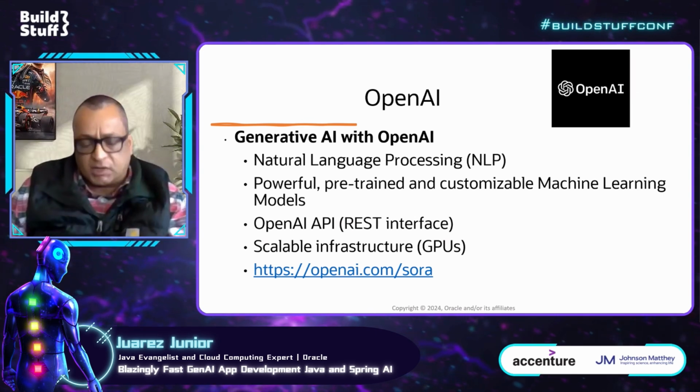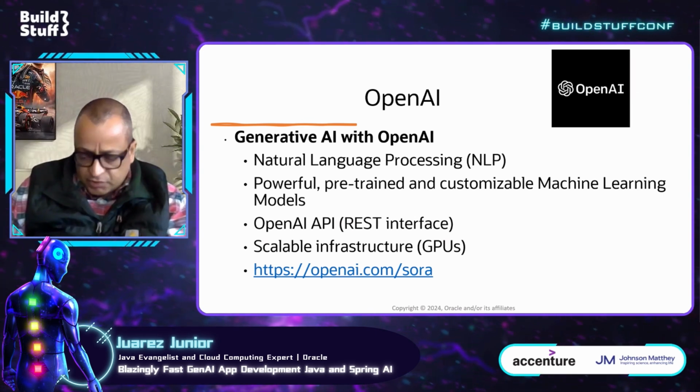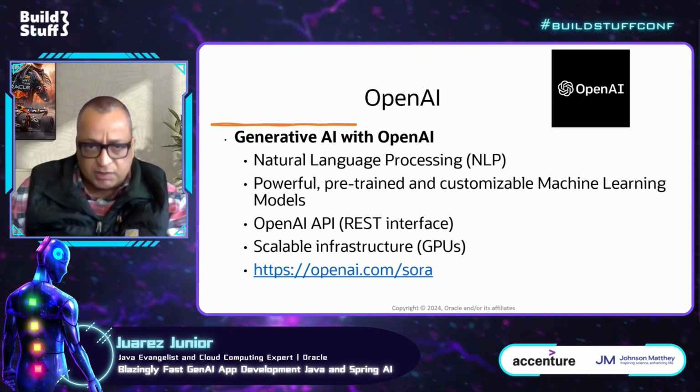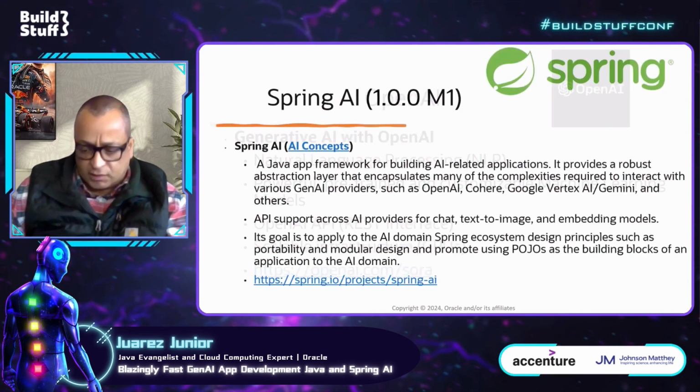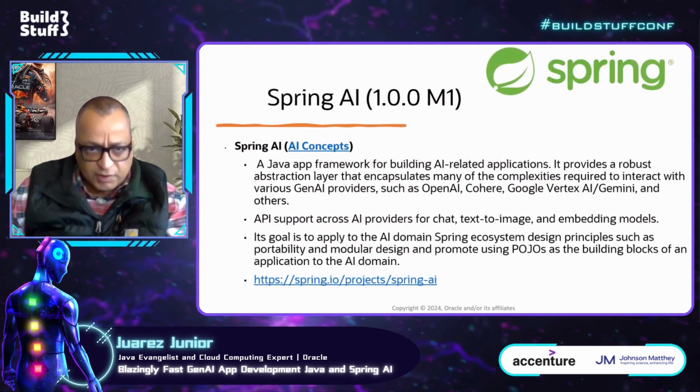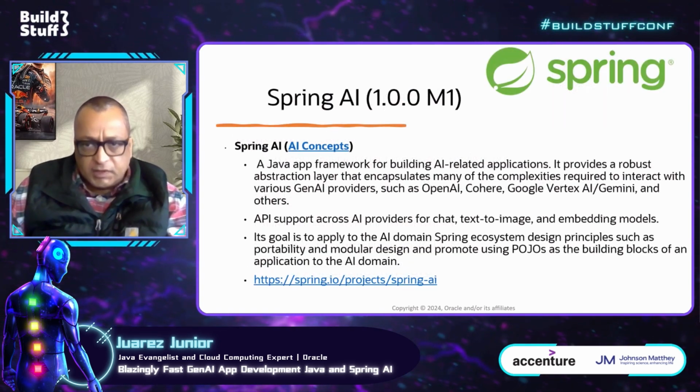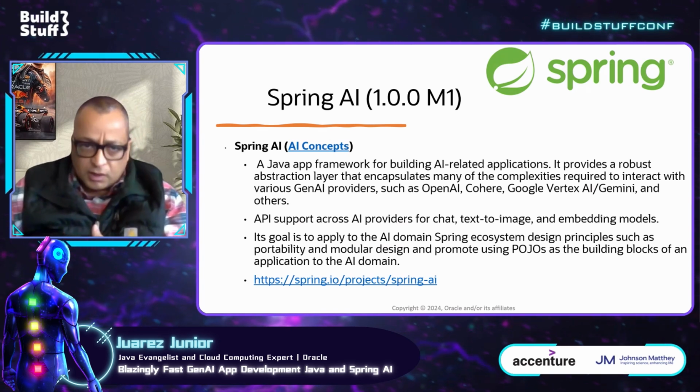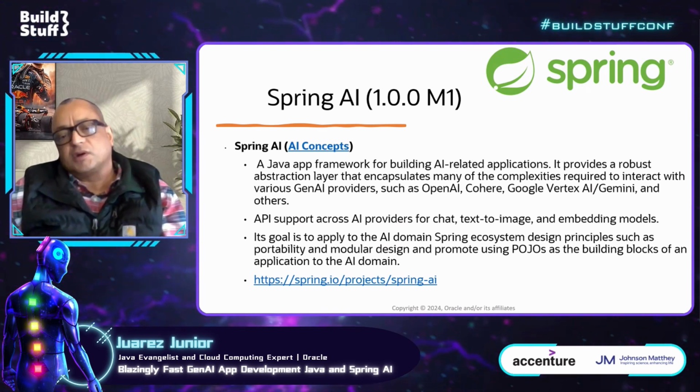But if you go to my blog on Medium, you will see a blog post related to that. Sorry. Yeah, speaking of Spring AI now, you can see a couple of links here.